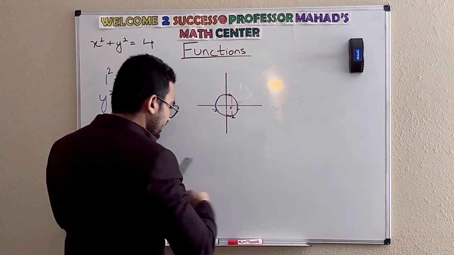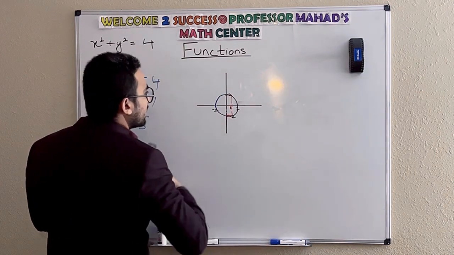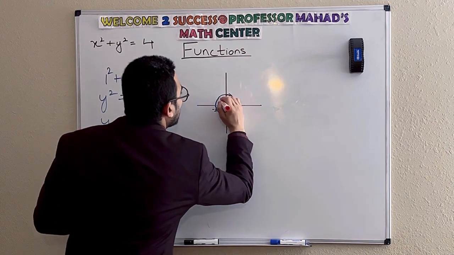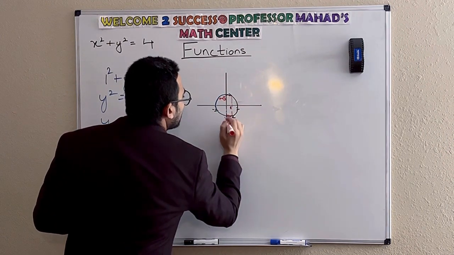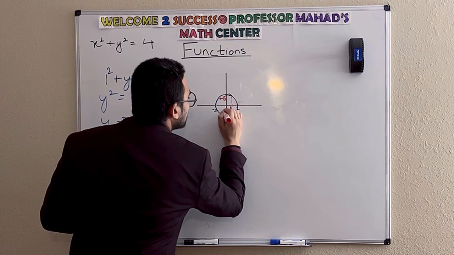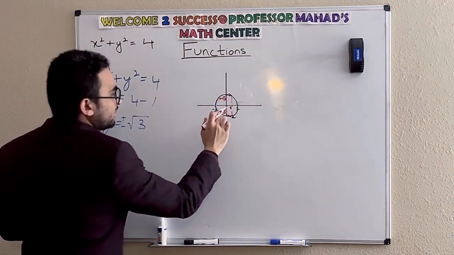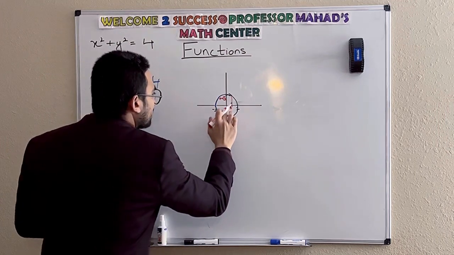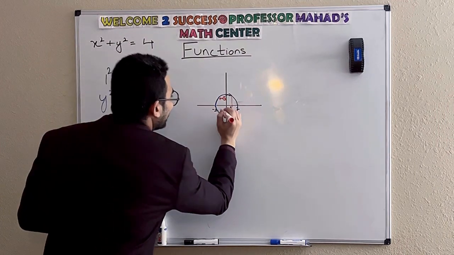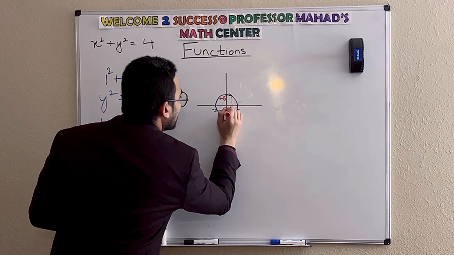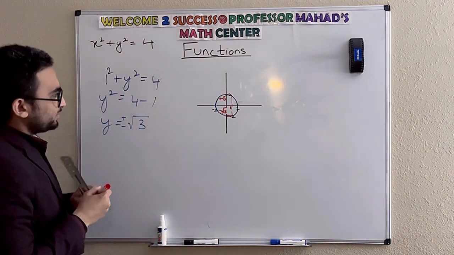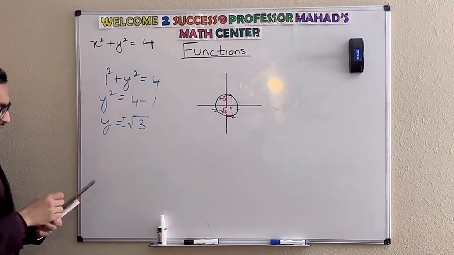Let me write it in red. And minus √3, right? Plus √3 and minus √3. Now let me write it in a nice way.